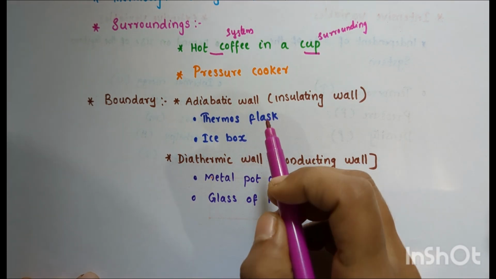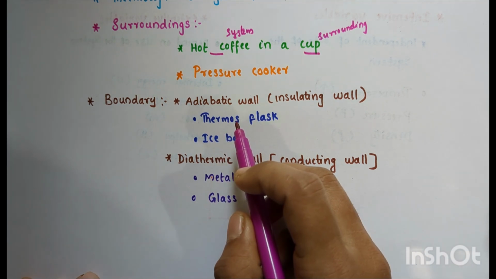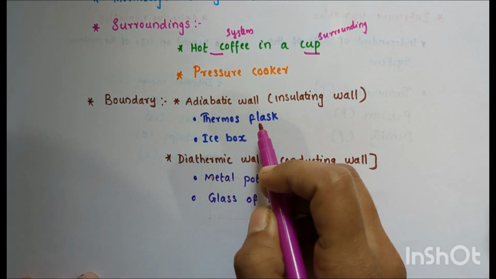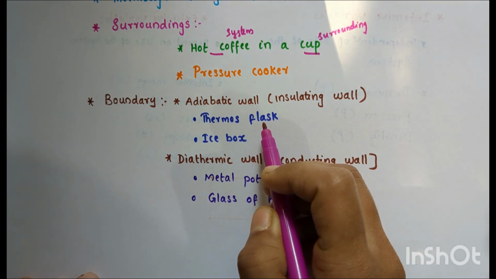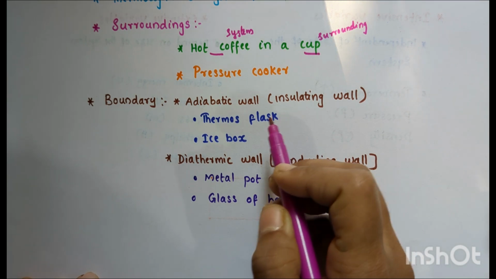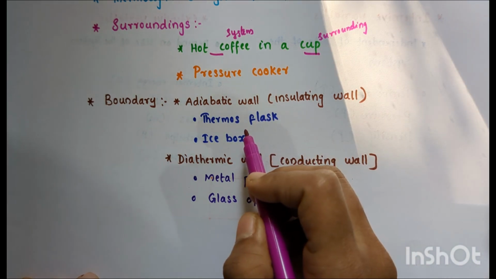So such a wall of that flask is an example of an adiabatic wall. When you consider the thermos flask, the vacuum layer between the walls prevents heat transfer between the system and the surroundings, that keeps the hot things hot and cold things cold.